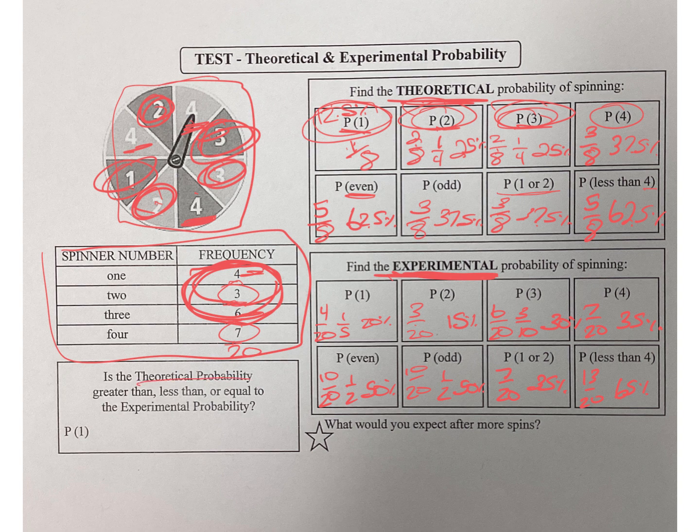Is the theoretical probability greater than, less than, or equal to the experimental? So I'm going to look at the theoretical. The theoretical is 1/8, or 12.5%. That's in theory what I should get when I spin a 1. Now, what actually happened when I spun a 1 is I got a 1 out of 5, which is a 20%.